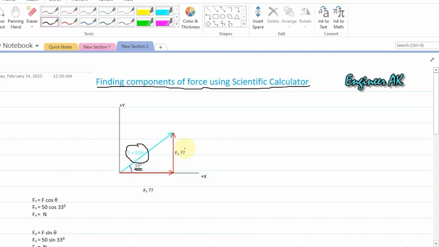Now I want to find the F of y component and F of x component, and we will see how we can do it manually, and after that I will show you on the scientific calculator how you can easily find this. So let me select this one.